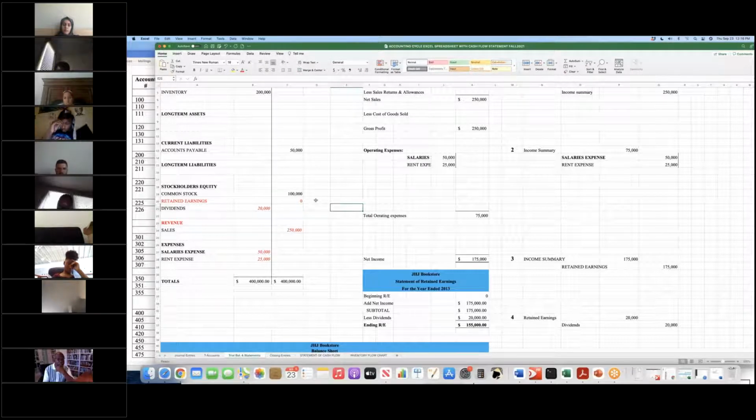And then we'll just put over here in another little box, instead of retained earnings being 0, it is now 155,000. So we don't do this here, but the way we get it to that amount is to make these 4 closing entries. Are there any questions?